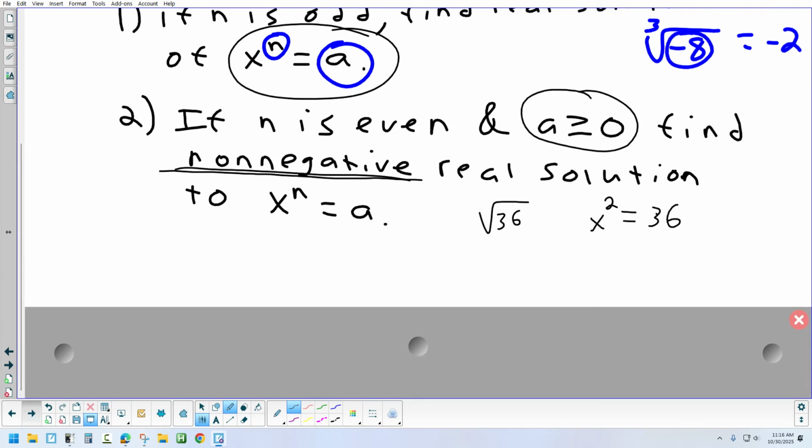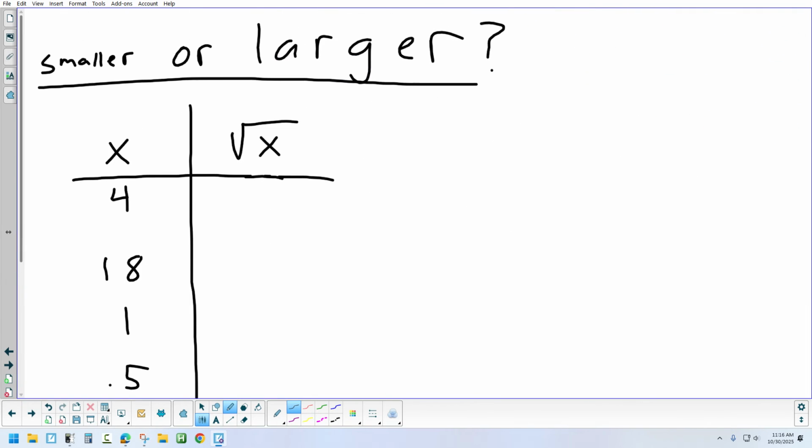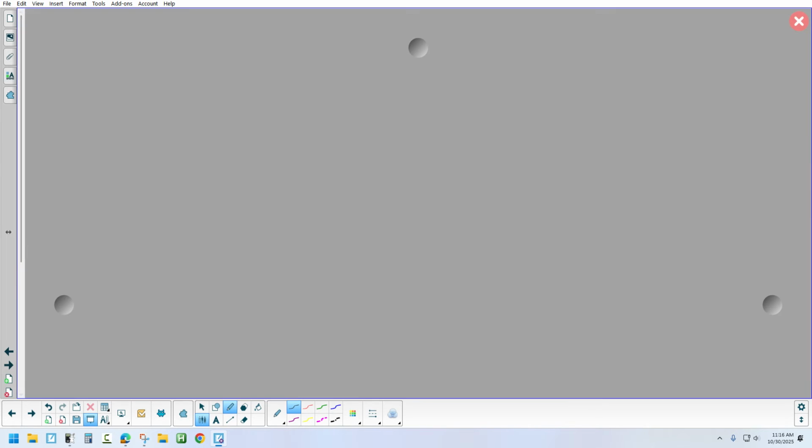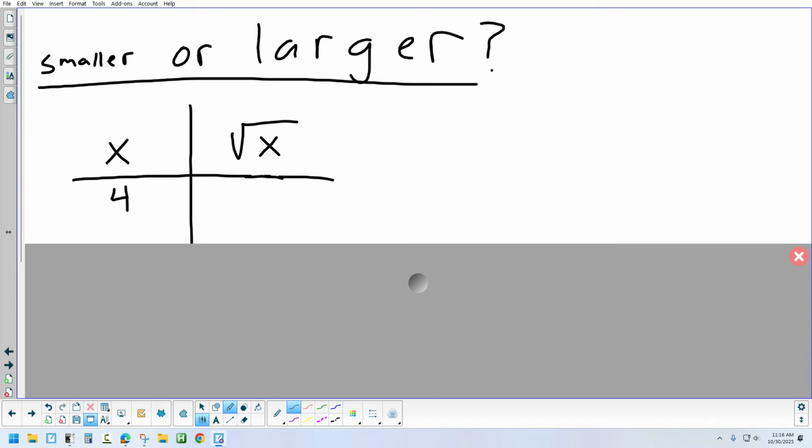All right, so now let's look at what happens here. We've got a number, and we're going to take the square root of it. And we're going to look, when we take the square root, at whether it gets smaller or larger. See what I did there with the font too? Smaller and larger. All right.